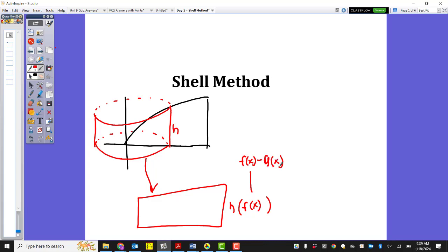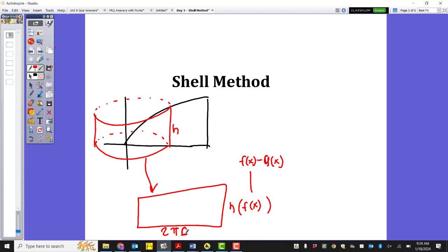It's whatever the height of this slice is. Now, the width here is going to be the circumference of this cylinder we've created. So the circumference of the cylinder is the circumference of the circle, so it's going to be 2 pi r.